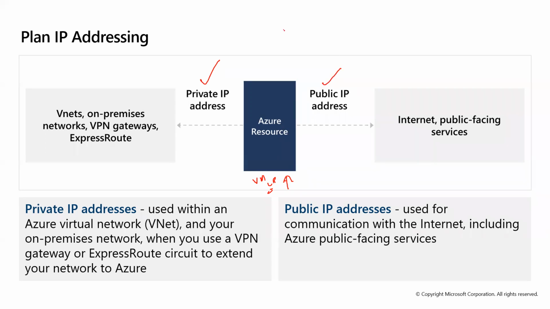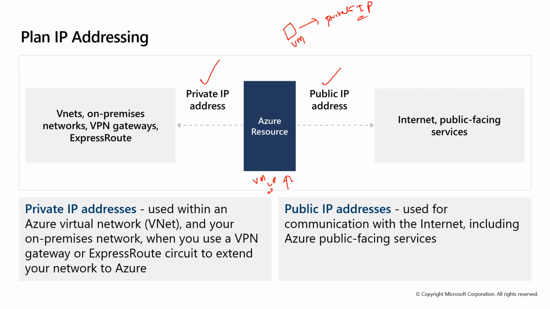So, for example, if you are deploying a virtual machine, the virtual machine should definitely have a private IP address. It will definitely have it. Right? Without private IP addresses, virtual machines cannot be deployed. Without putting the virtual machine in a VNet and subnet, you cannot deploy. So obviously, a virtual machine requires a private IP address.